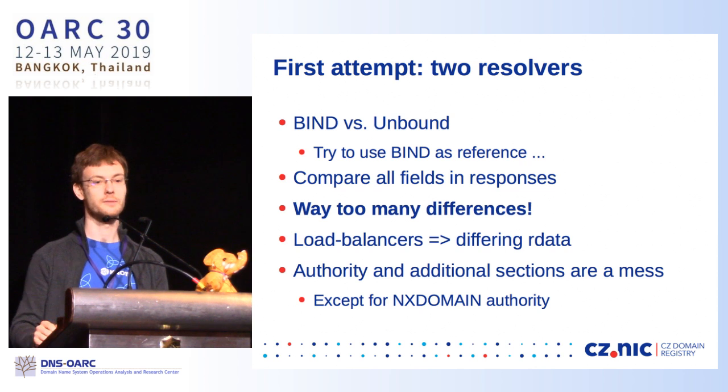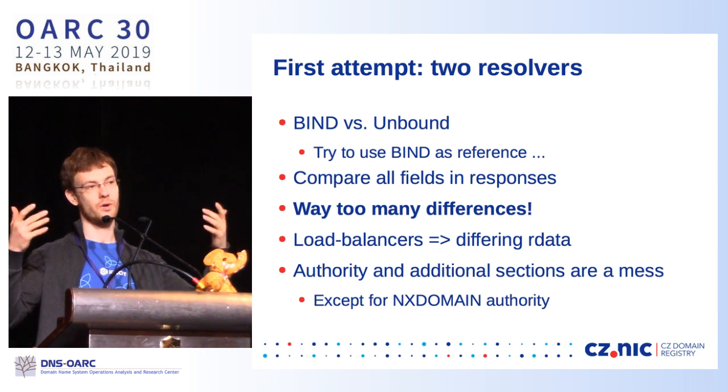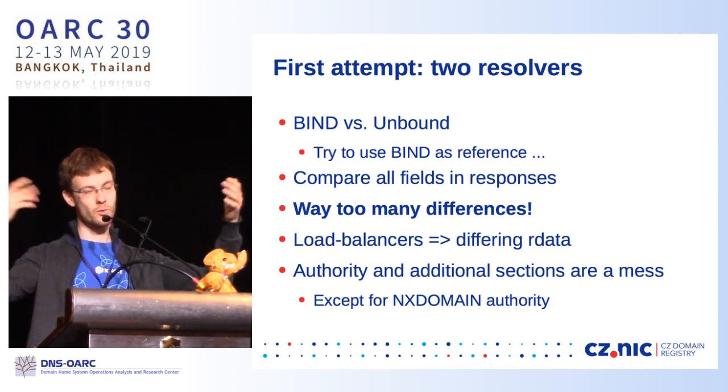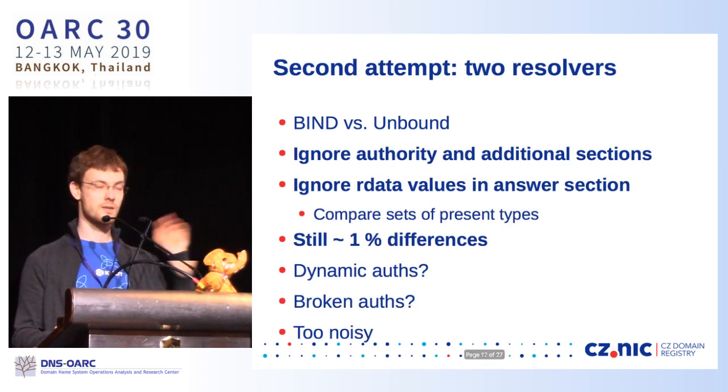There are way too many load balancers on the internet which will send you different data, IP addresses and stuff like that in the answer. So if we do the comparison one by one, it's just not going to work. So we tried something else.